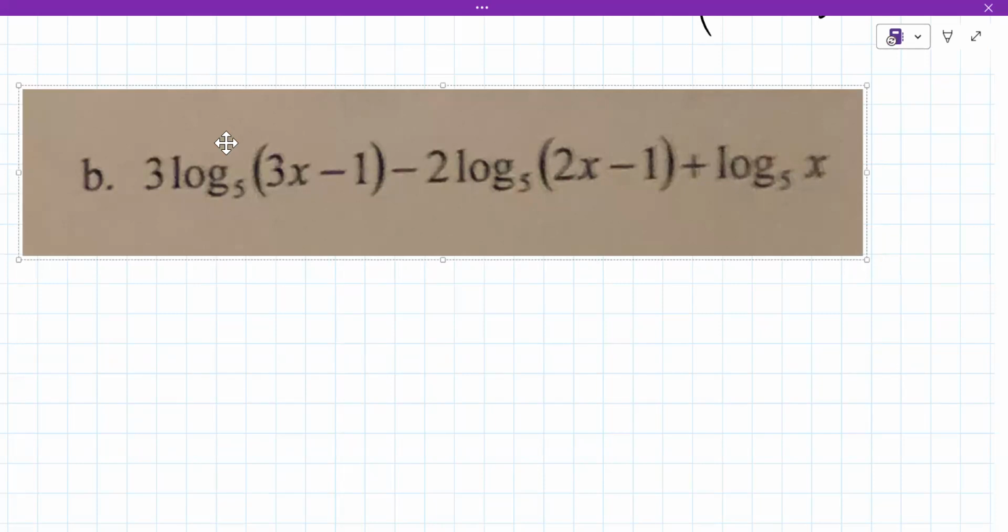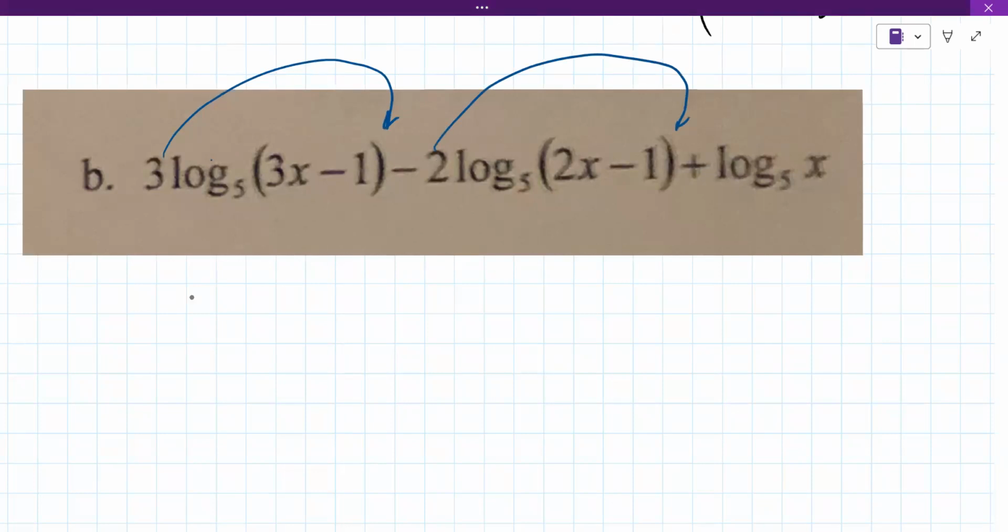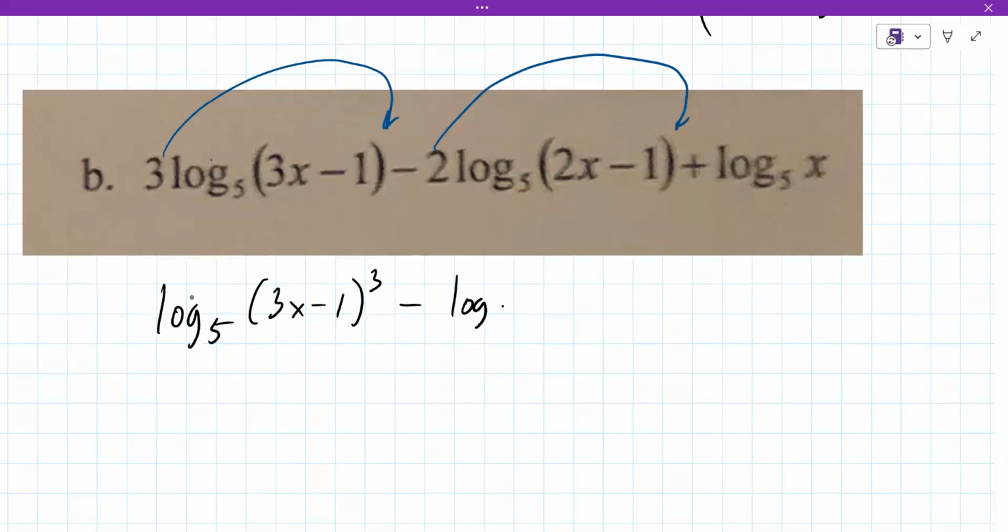All right, so this again, you're kind of undoing everything. You will put the exponents first back inside. There's kind of a hierarchy here. 3x minus 1 cubed, log base 5, 2x minus 1 squared, plus log base 5 of x.